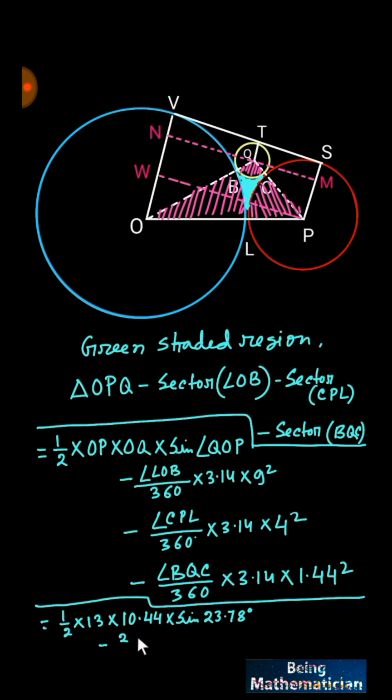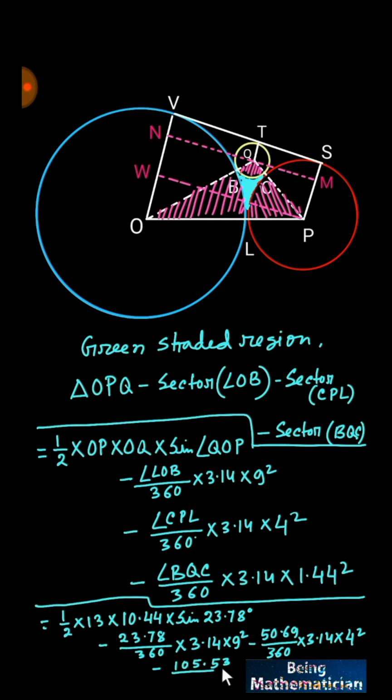Angle LOB is 23.78 by 360 into 3.14 into 9 square, minus angle CPL is 50.69, so it is by 360 into 3.14 into 4 square, minus angle BQC is 105.53 divided by 360 into 3.14 into 1.44 square.